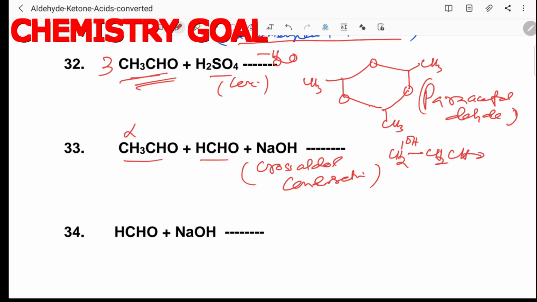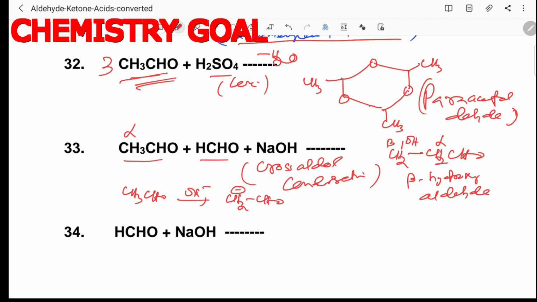Here this is alpha and this is beta. This is called beta hydroxy aldehyde, which is formed. Here which will attack first? In the first step, CH3CHO in presence of OH minus loses hydrogen and becomes CH2 minus and CHO.